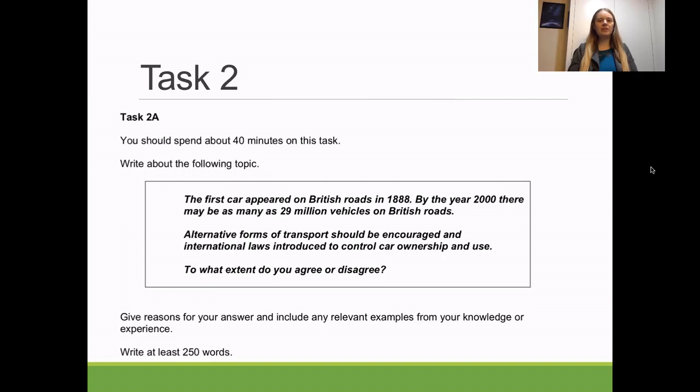So there will be a lot of opinion questions on this section of the test, but they're not all asking for your opinion. We'll show you some other ways that they might ask questions as well. Then when we move on to scoring, we will see how you can answer this and how you should focus your answers.